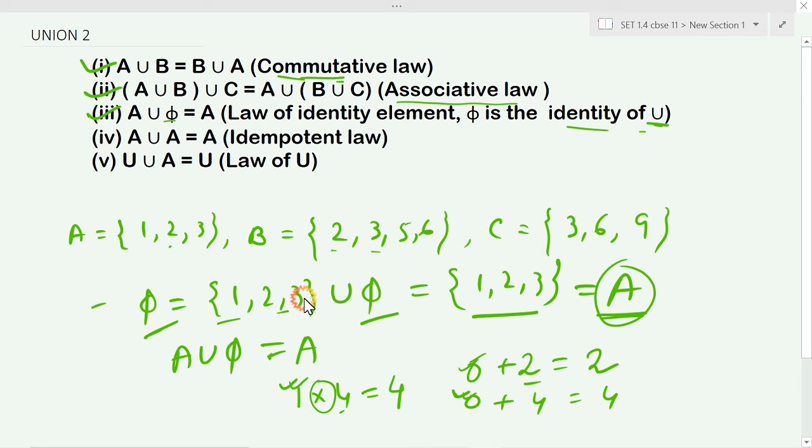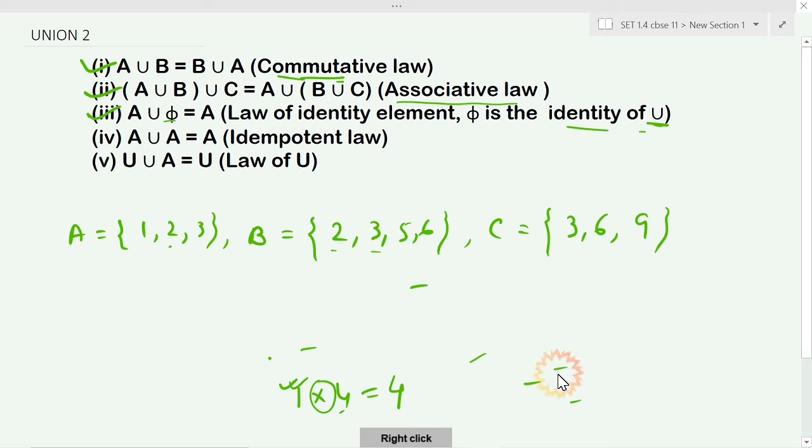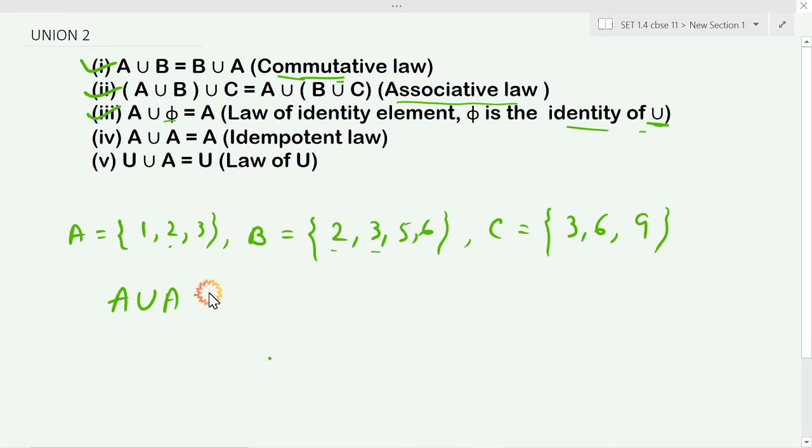Now the fourth is called A union A equals A. A union A equals A. First of all we find A union A. So just write A union A. To calculate this union, we first find the common elements.